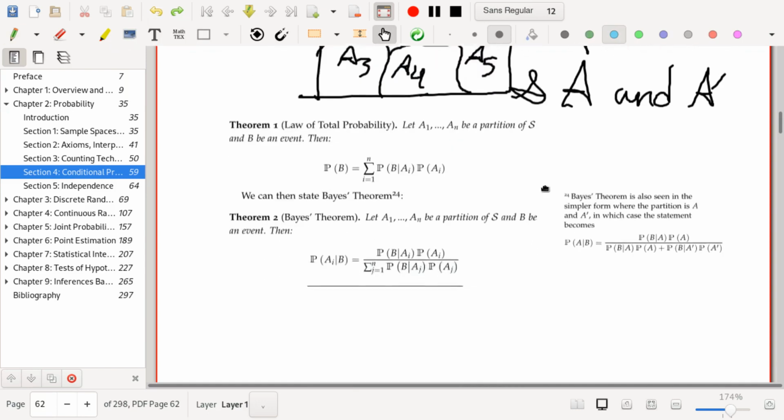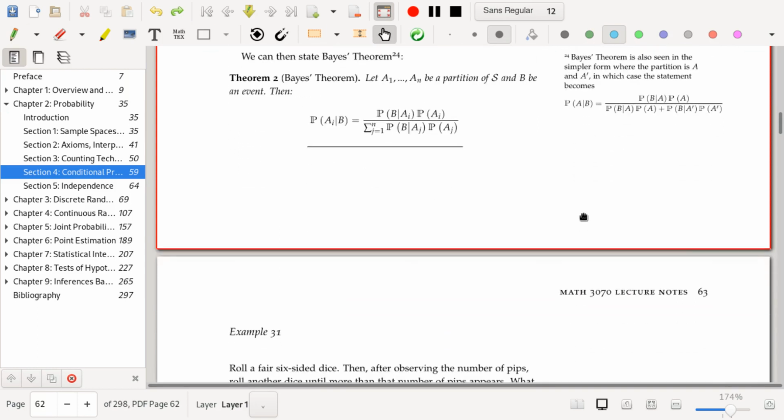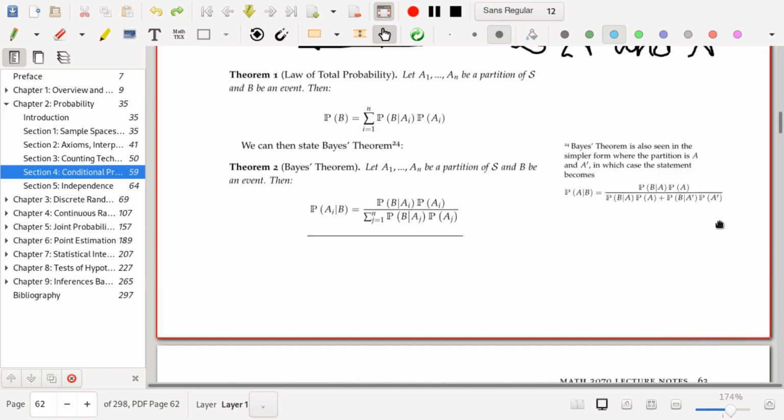So then, once we have the law of total probability, another important result is Bayes' theorem, which says if we have a partition of a sample space S, then the probability of any one of the sets in that partition, given that the event B happened, is the probability of B given that one event, times its probability, divided by the sum from j equals 1 to n of the probability of B given Aj times the probability of Aj.